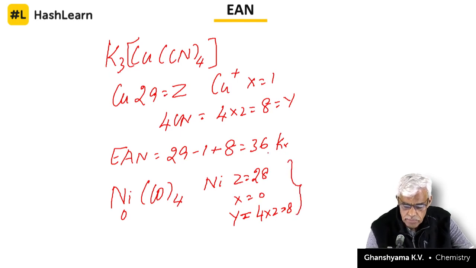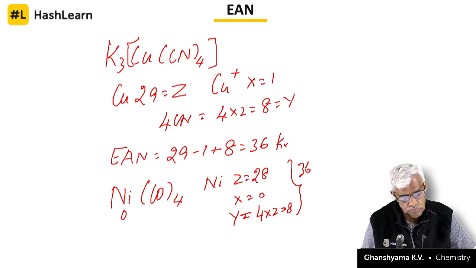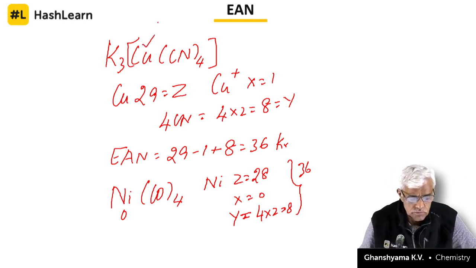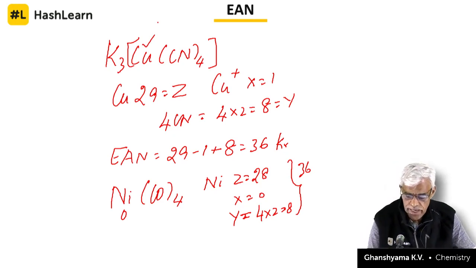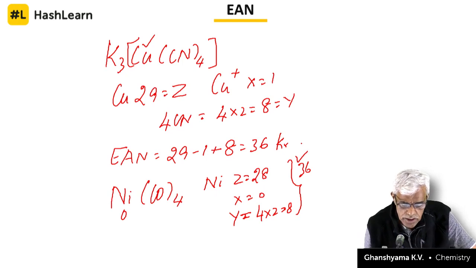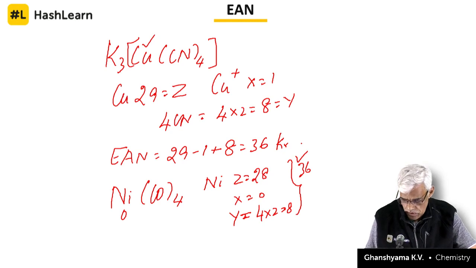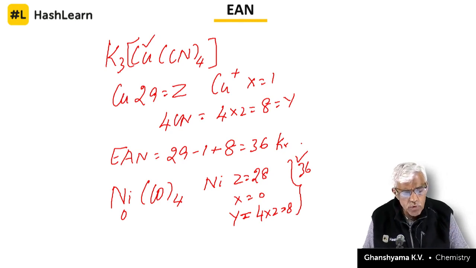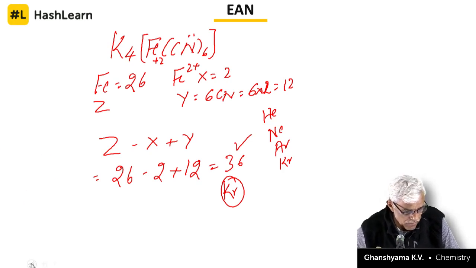Therefore 28 minus 0 plus 8, again 36. Nickel, after the formation of the coordination compound, will have 36 electrons, similar to krypton. But there are a few exceptions to this, very few, but they try to attain the electronic configuration of the next noble gas.